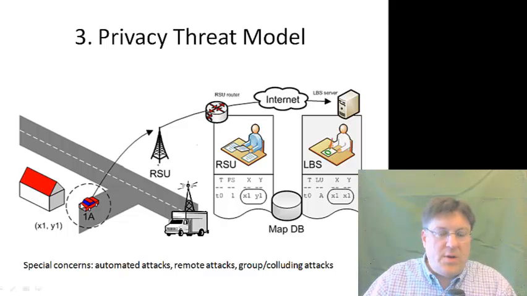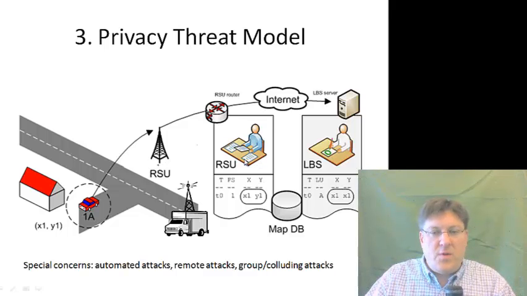That would be limited to the communications range of the vehicle. The other would be a roadside unit administrator, an RSU administrator. They may have access through their own infrastructure to one or more of these antennas, which could be sensitive to a much wider range than what a local vehicle might be able to pick up.